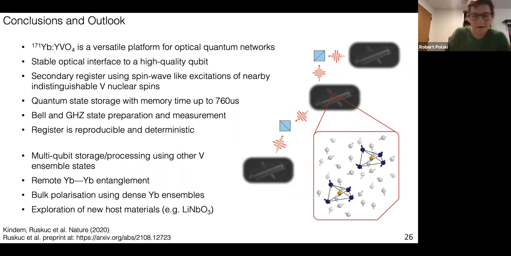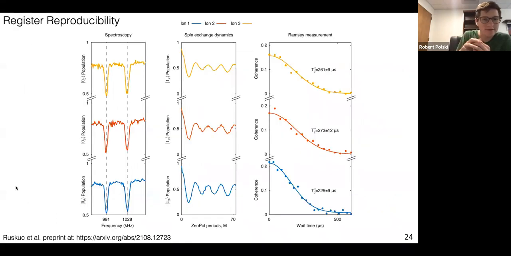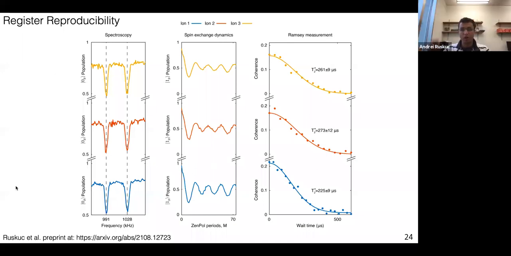I have one that I was wondering about. You showed the slide showing a few different ions, and I was curious how you address the different ions. Are they in the same cavity, or are these different cavities? Yeah, so these are all in the same cavity. And this is stuff I didn't really talk about because it was more preliminary work setting up the platform.